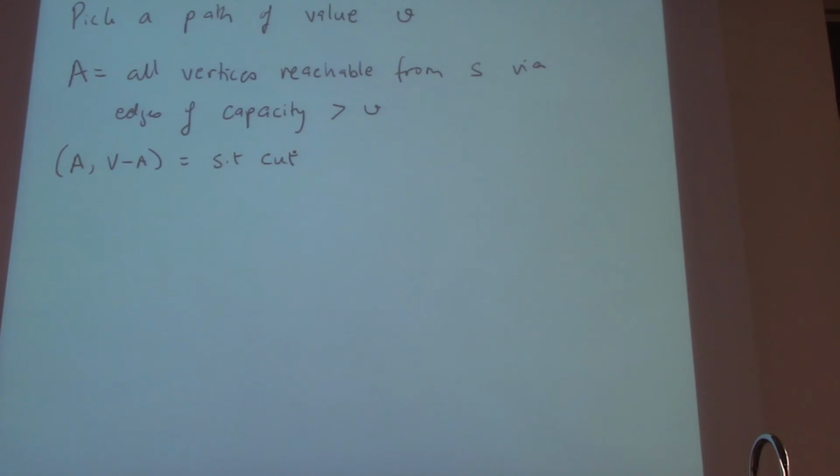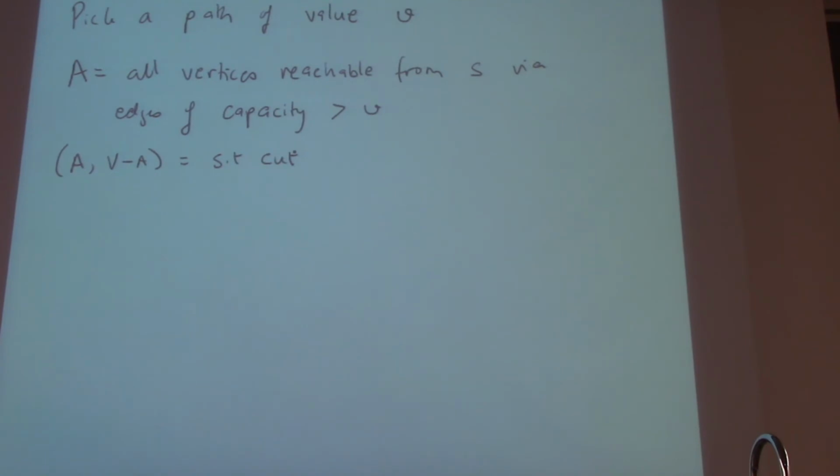How can we prove that T is not in A? What is A? So why can't T be in the set of all vertices reachable from S by edges of capacity strictly more than V? Remember what V is.